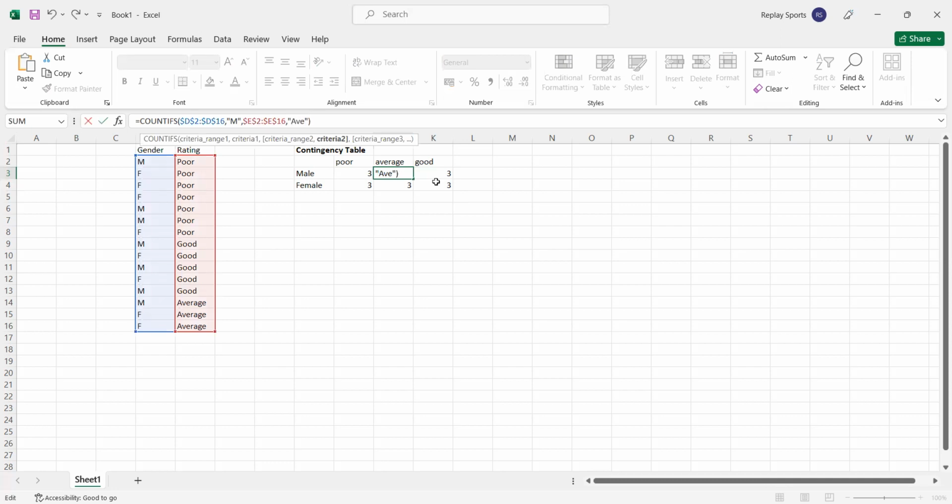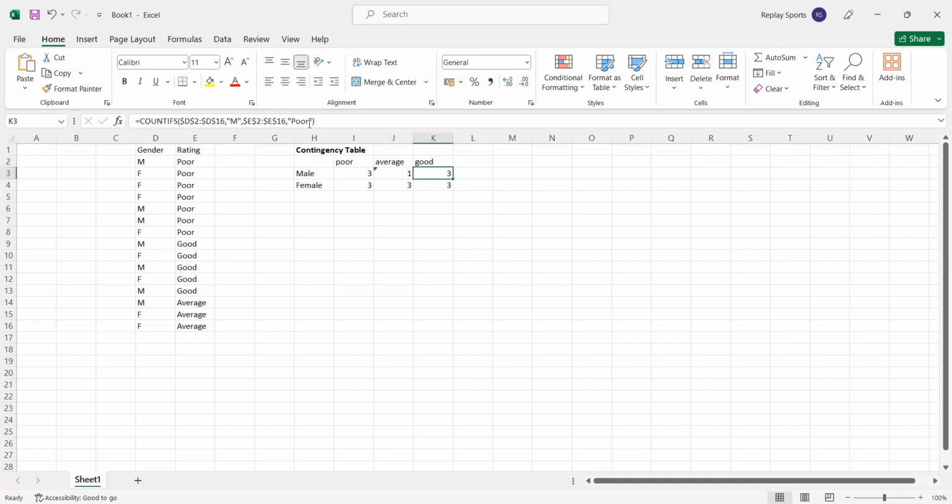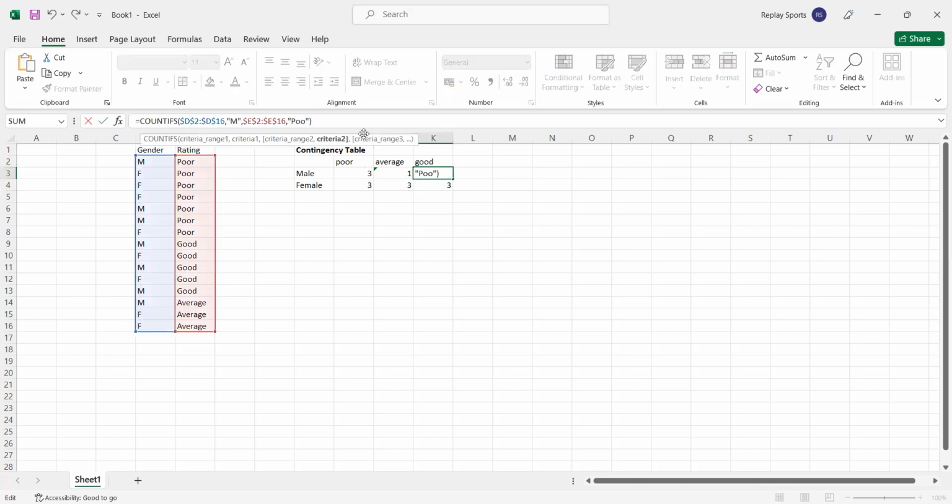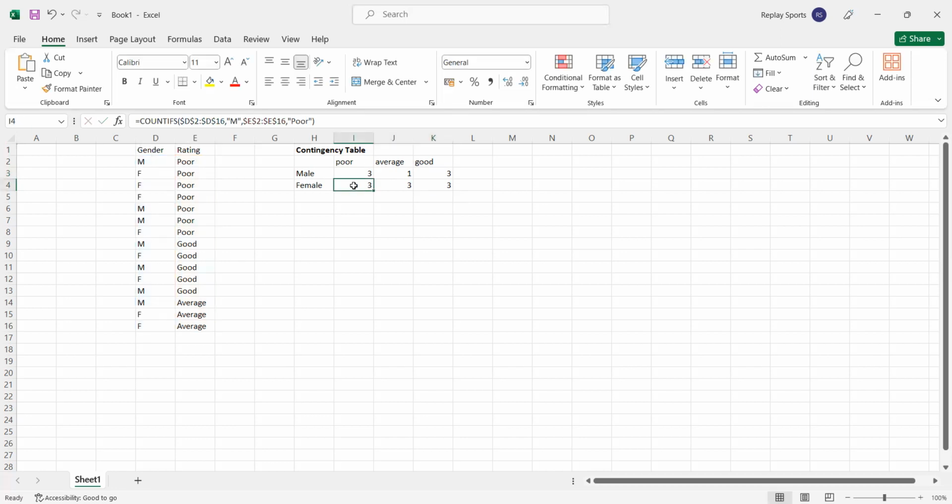You don't have to worry too much about Excel. We don't need Excel for this. Better I'll copy paste this one. Then I'll change to F. So this is how we divide the data into a contingency table.